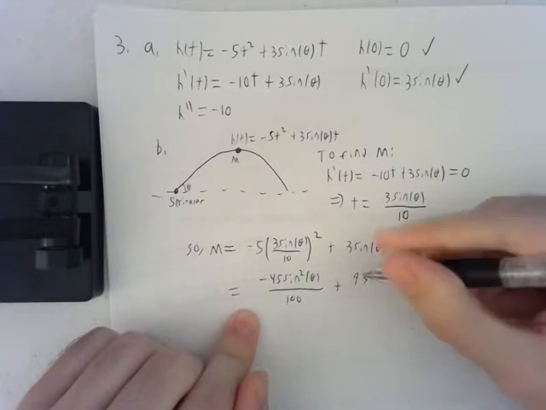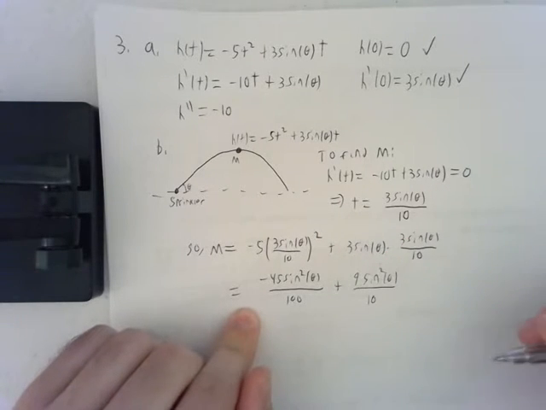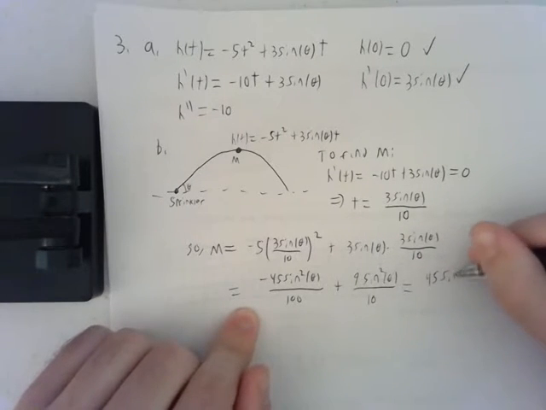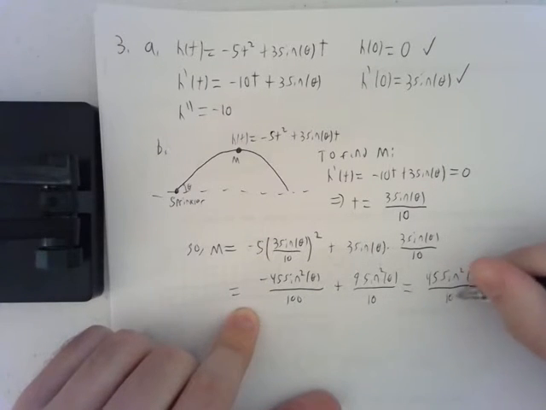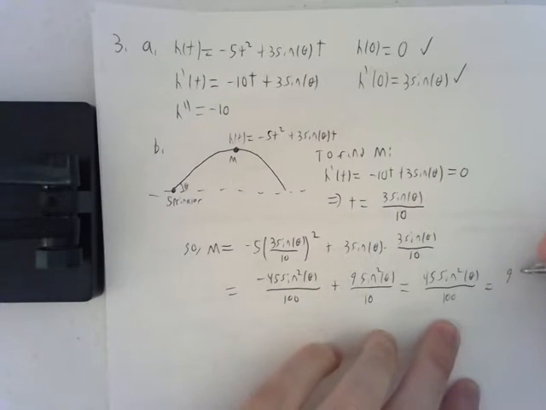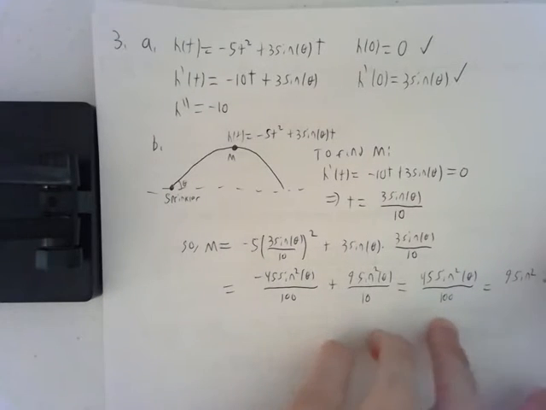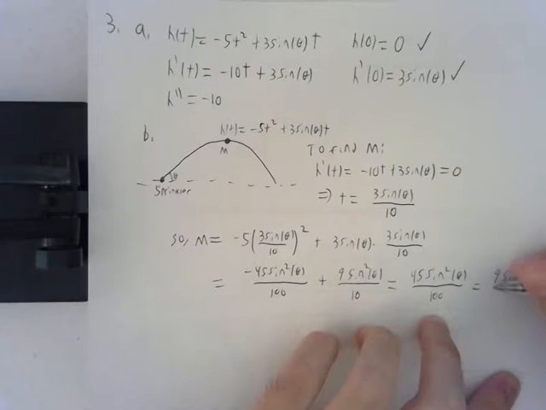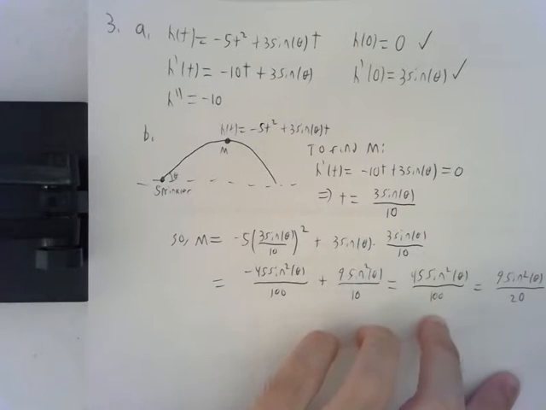Find a common denominator, and you'll get 45 sine squared theta divided by 100, which is the same as 9 sine squared of theta, all divided by 20. So this is the value of m, which depends on theta.